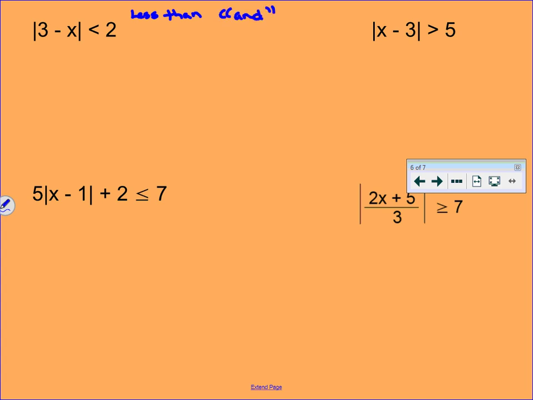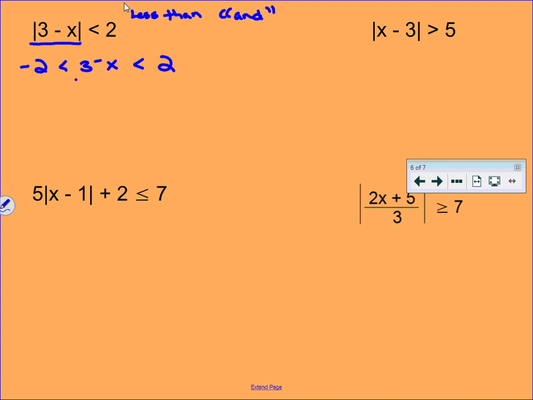So how we're going to set this up is we're going to put our 3 minus x inside of our less thans, and we're going to have the positive c value and the negative c value. We have a 3 minus x on the inside, and on the outside we have the positive 2 and the negative 2. So this is going to look identical to the types of compound inequalities that you solved to finish last week. What you do to one part of the inequality, you have to do to all.